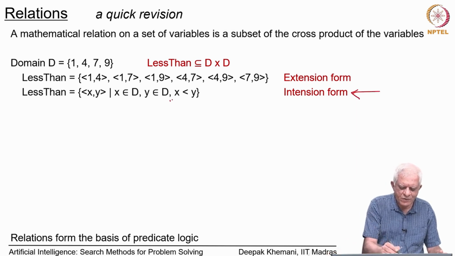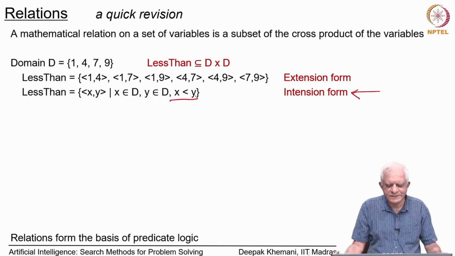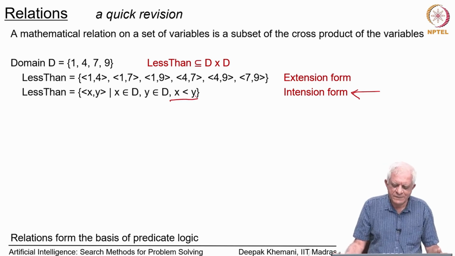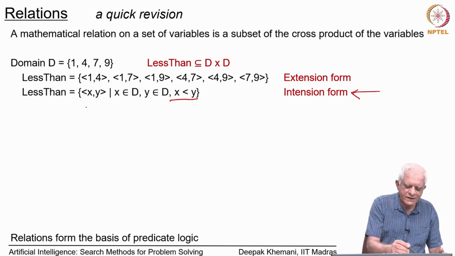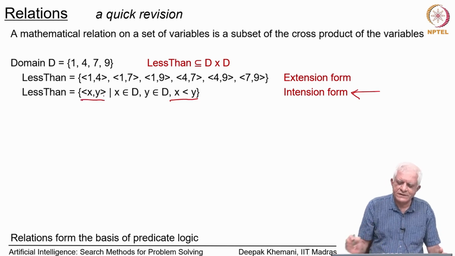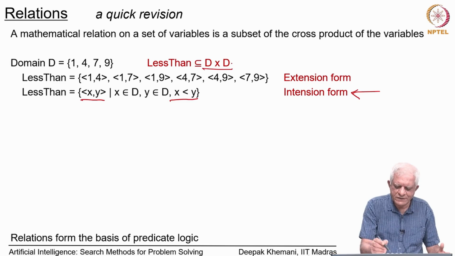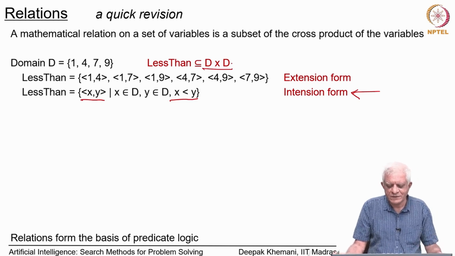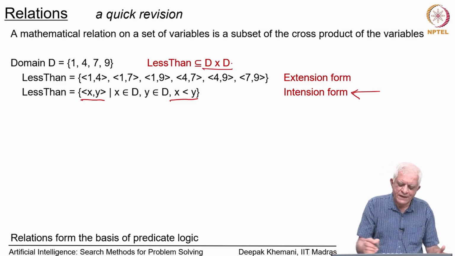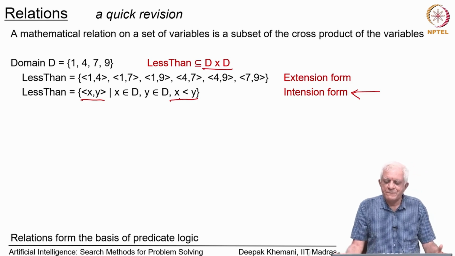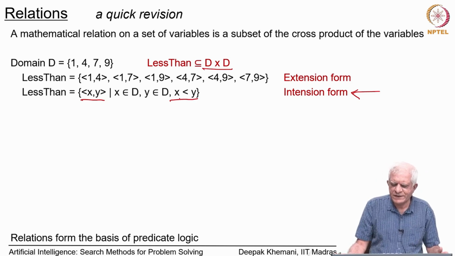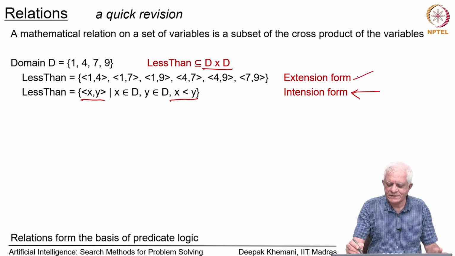Essentially the core of our representation is the fact that there are 2 variables x and y, they come from the domain D and they satisfy the property x less than y, and if they do, then we have a tuple made up of x and y, which is a subset of D cross D. So, not every element of D cross D belongs to the relation, only those in which x is less than y.